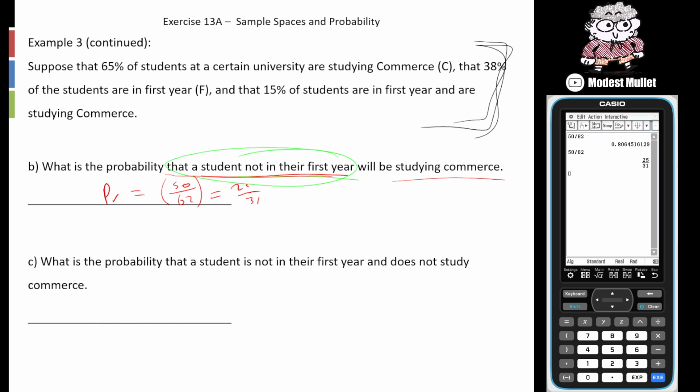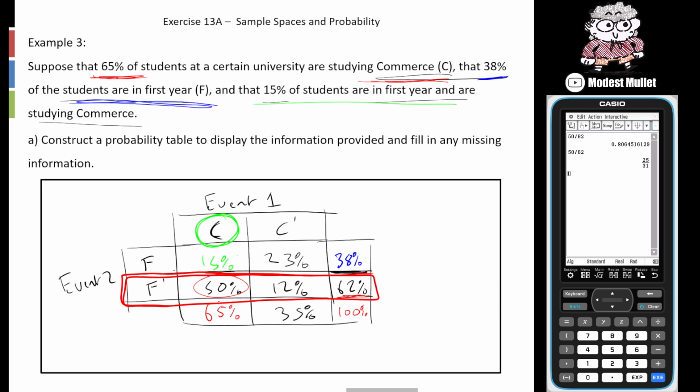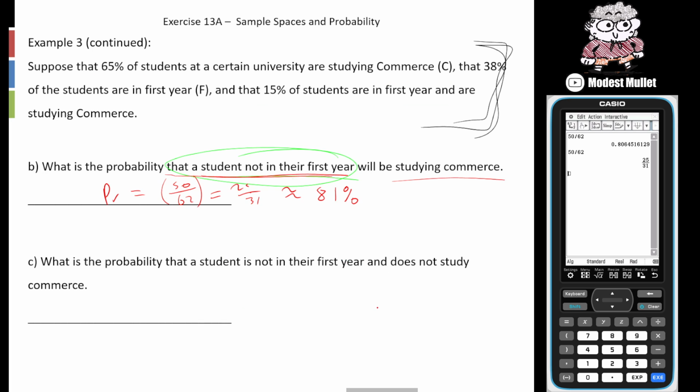Or that was 0.80, which is roughly equal to 81%, which makes sense. 50% of all students out of this 62. Cool. So we have to be really careful when we're reading this how to interpret, because there was no word 'and', so that wasn't a union or an intersection.